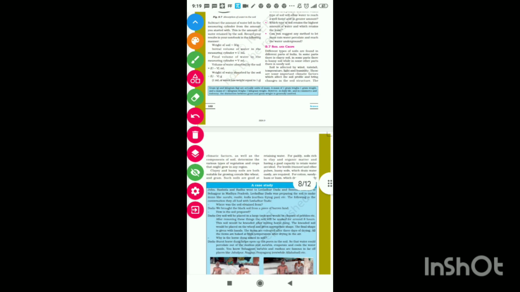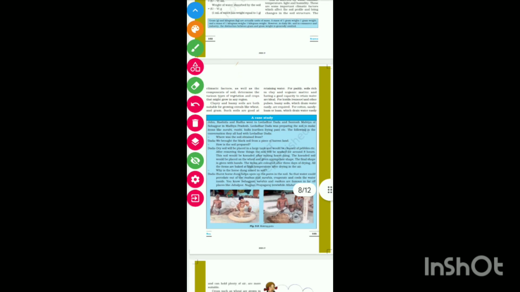The climate factors as well as the components of soil determine the various types of vegetation and crops that might grow in any region. Clay and loamy soil are both suitable for growing cereals like wheat and gram. Such soils are good at retaining water.